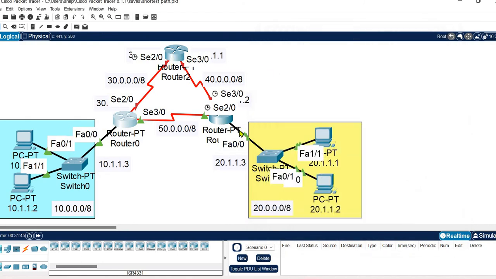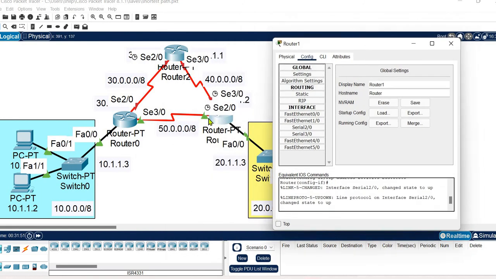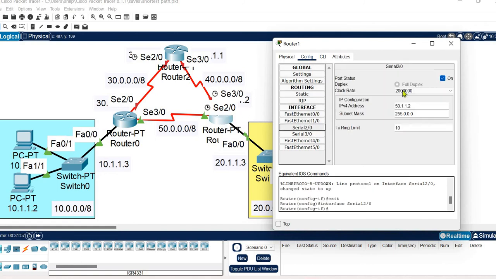Done. Now it's the turn of router 1, and router 1 is directly connected to router 0 at port serial 2/0. So serial 2/0, turn it on, and we have added it as 50.1.1.2, and the subnet mask is 255.0.0.0 because it's class A addressing.